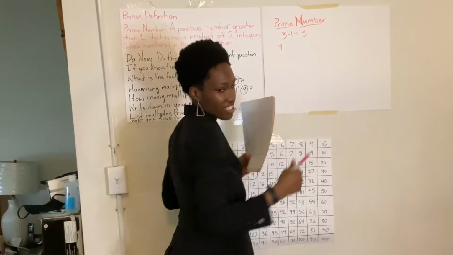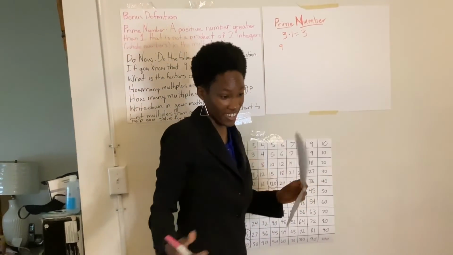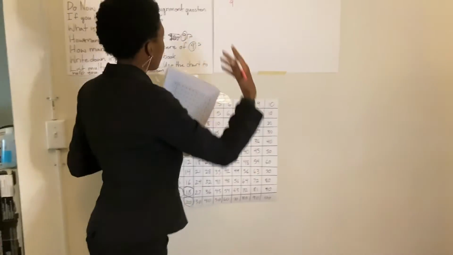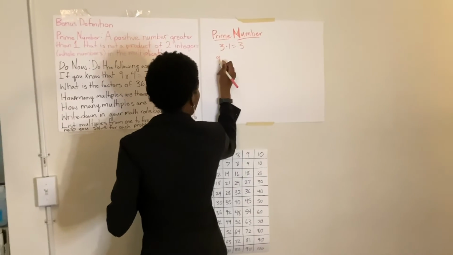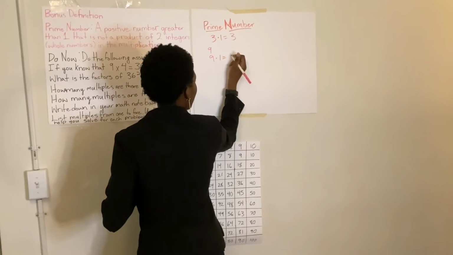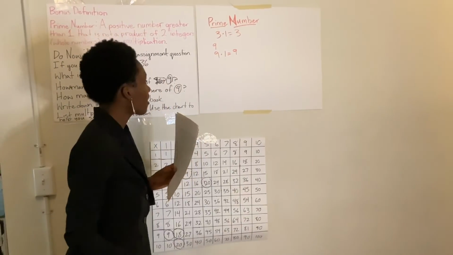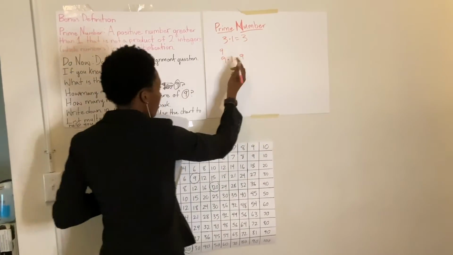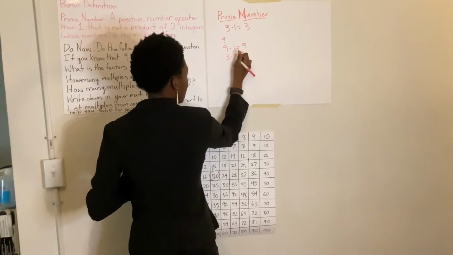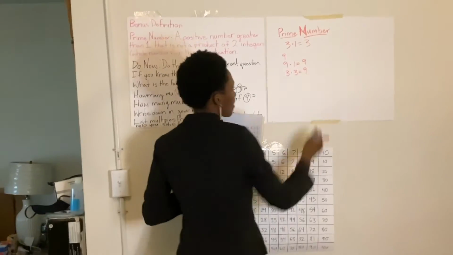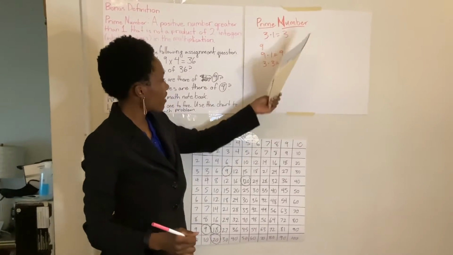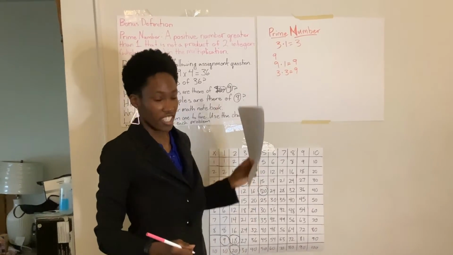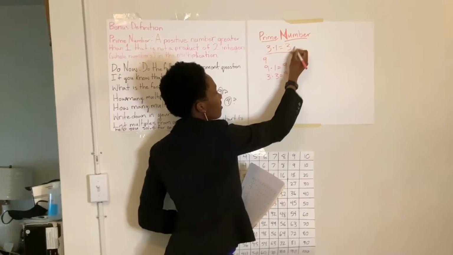9, would we consider 9 a prime number or not? Well, let's look here. We have 9 times 1. We know that 9 times 1 is 9. And we also know that 3 times 3 is 9. We have 2 ways to get to 9. But is that the same way as here?